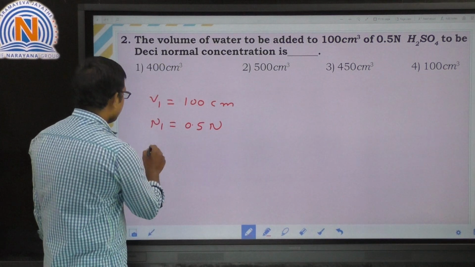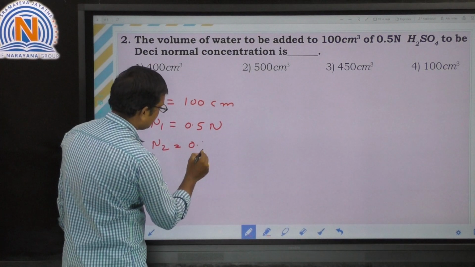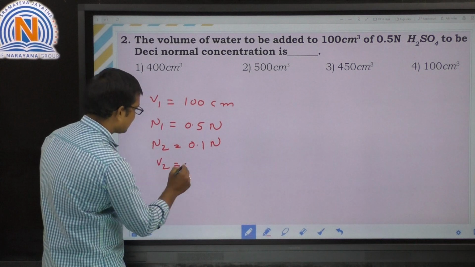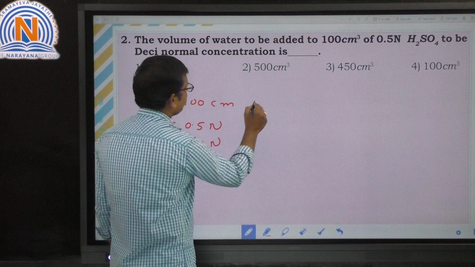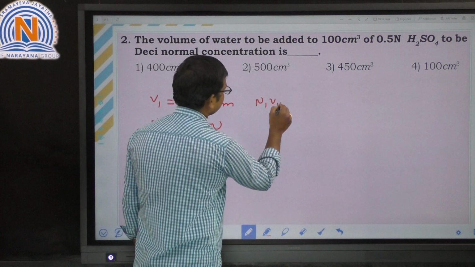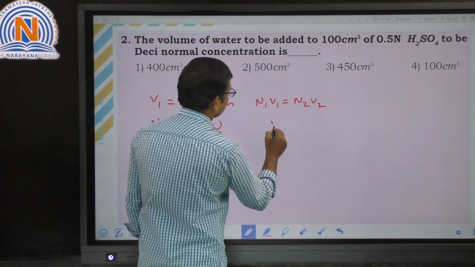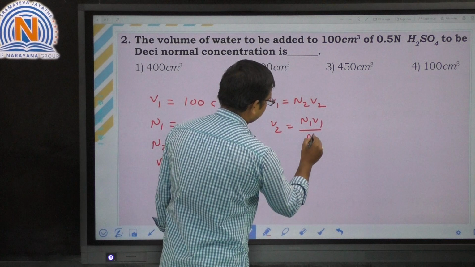And N2 is also given, 0.1 normality. Then you have to calculate V2. So N1 V1 equal to N2 V2, then V2 equal to N1 V1 by N2.